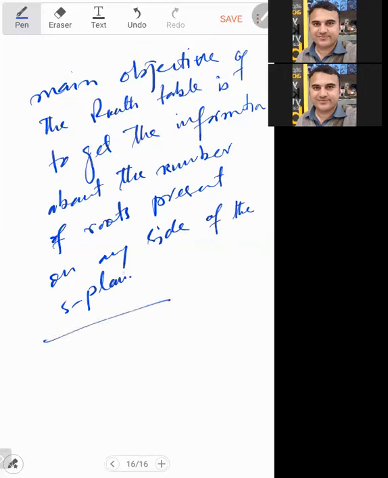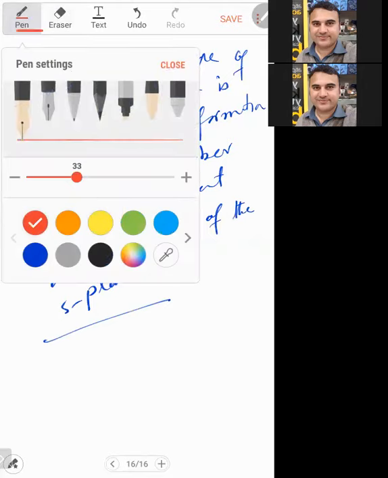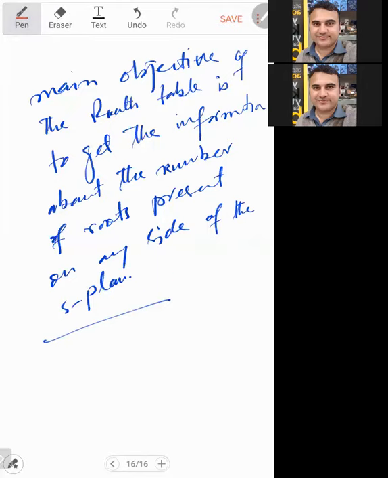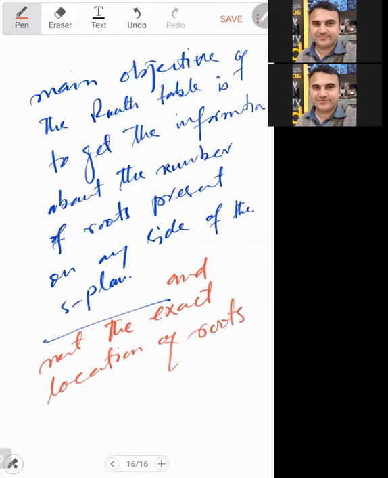And remember this, not the exact location of roots. Remember, the Routh table is not giving you the exact location of the roots, but it is giving you only the information of whether the roots are in the left half or the right half.